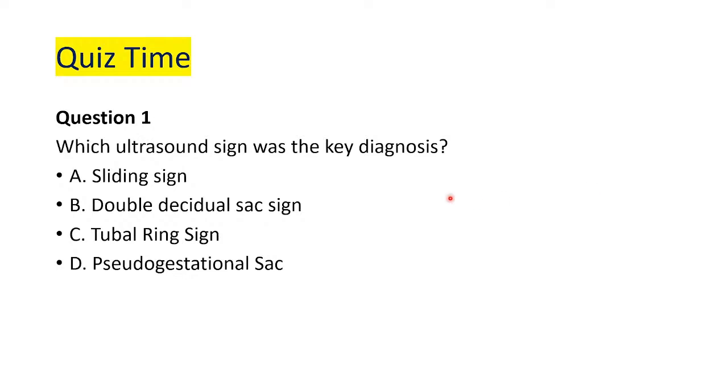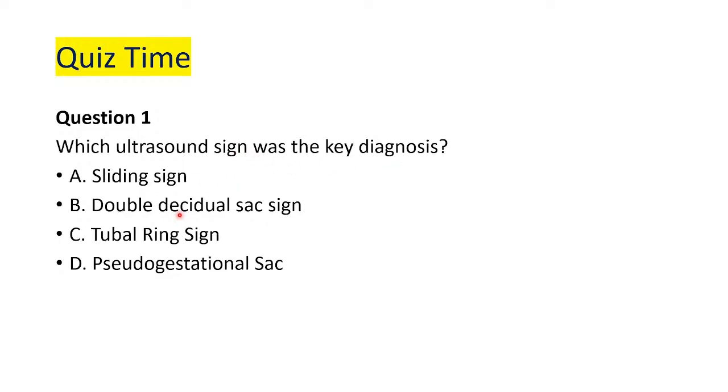So now let's take a quick quiz for this session. I need us to debate it under the comment section in our usual YouTube medical ultrasound channel. Which ultrasound sign was the key diagnosis?